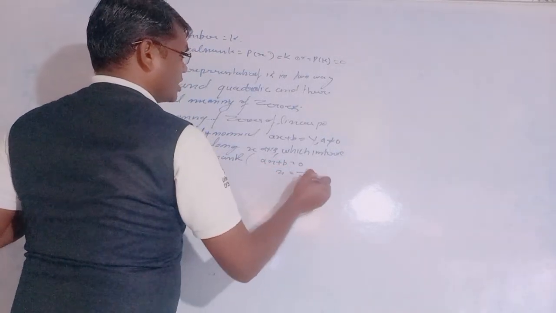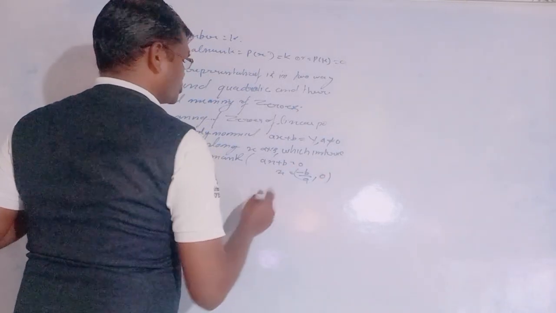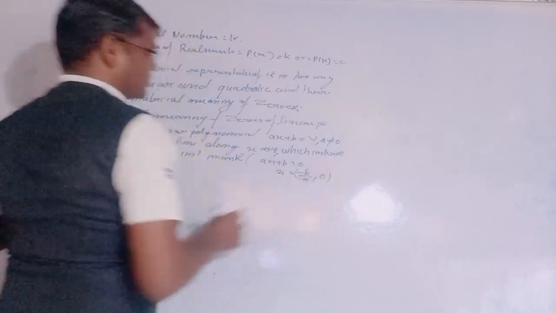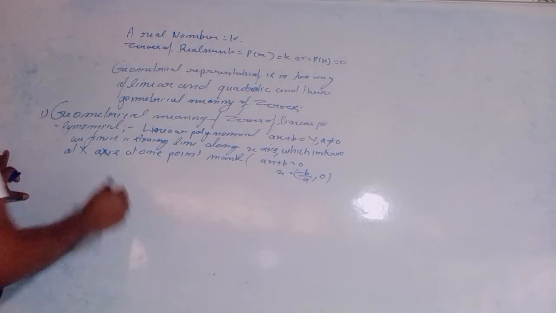So we get the point minus b by a, and 0. The zero of ax plus b is the x-coordinate.